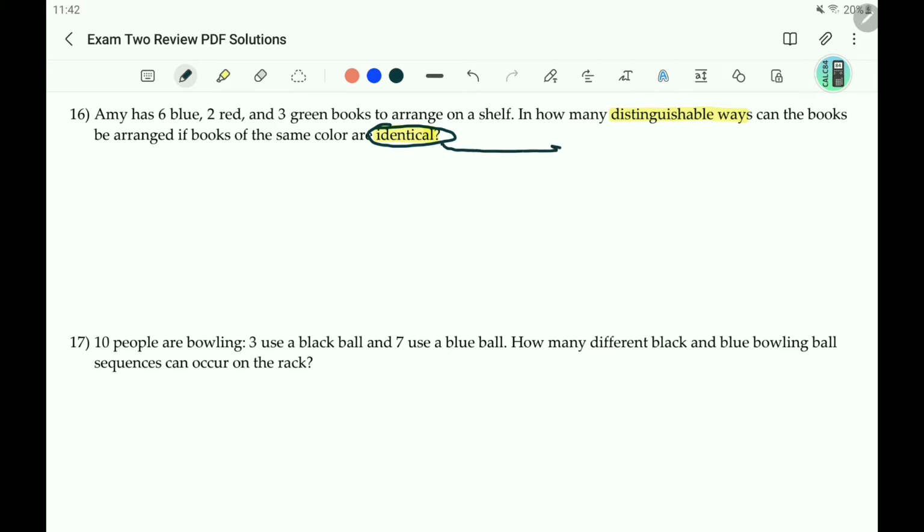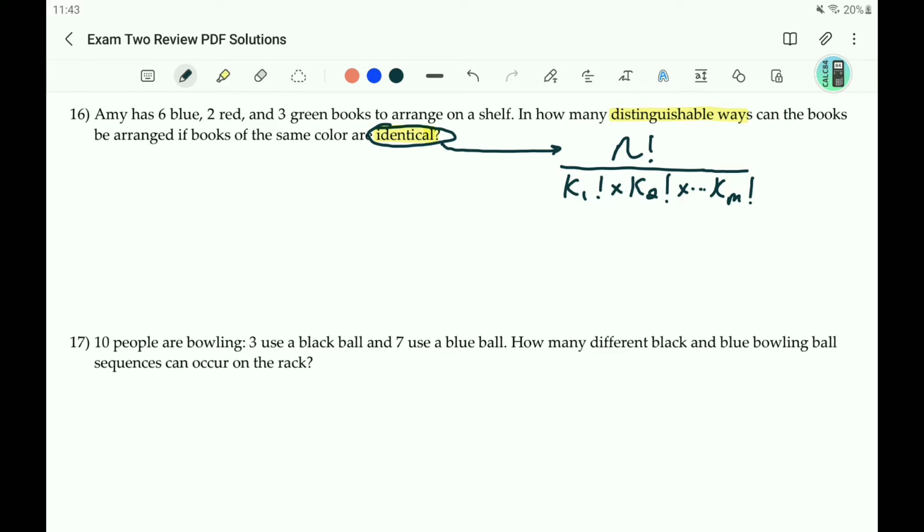To find how many ways we can arrange non-distinguishable items, items that are considered the same, the formula we're going to use is n factorial divided by k1 factorial times k2 factorial all the way to km factorial, where m represents the total number of categories we have, and k1 and k2 represent the categories themselves. N is how many items you have in total.